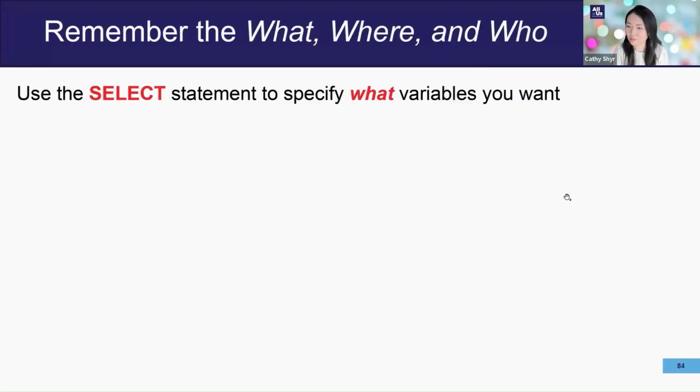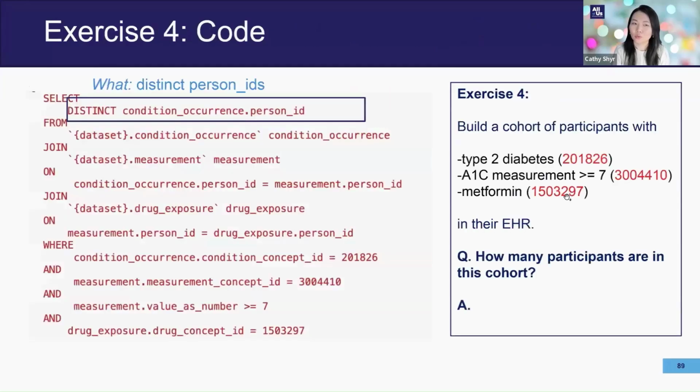Okay, so here's the code, and we're going to walk through this line by line. Remember the what, the where, and the who. The first part is the what. The question is, how many participants are in this cohort?